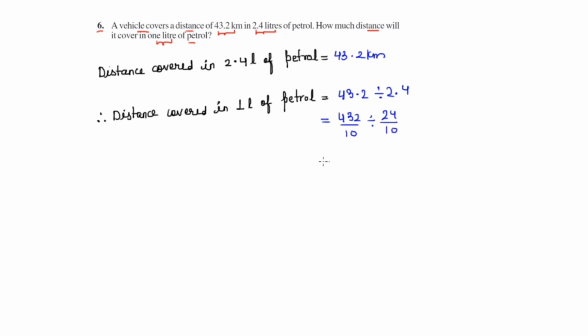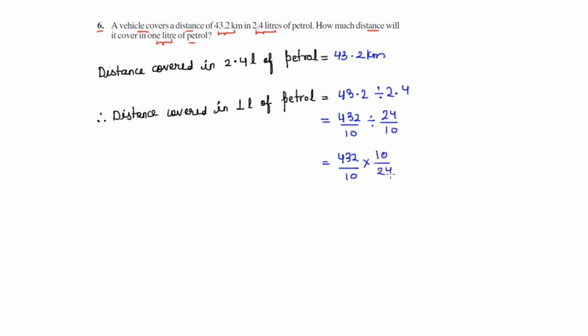Now division can also be expressed in the form of multiplication. Just change the sign of division and flip the second number. So 432 over 10, multiplication sign, and the reciprocal of 24 over 10 will give 10 over 24.